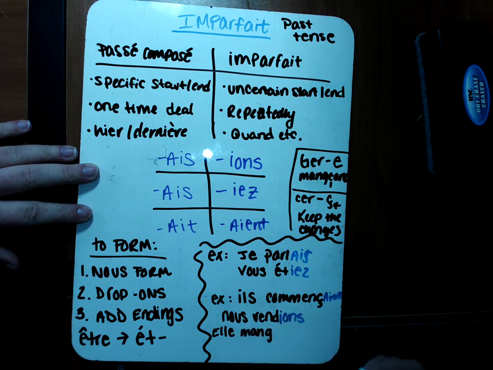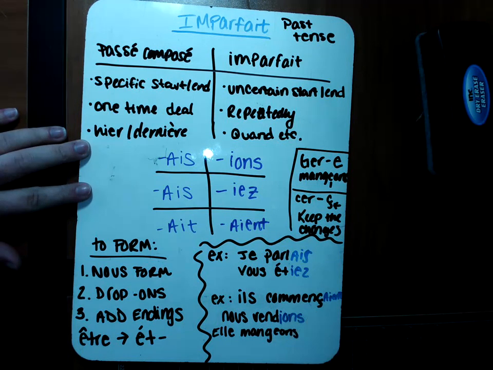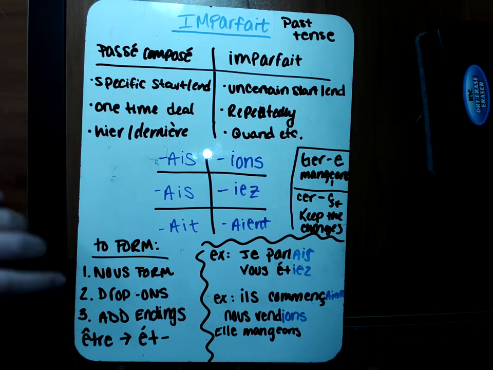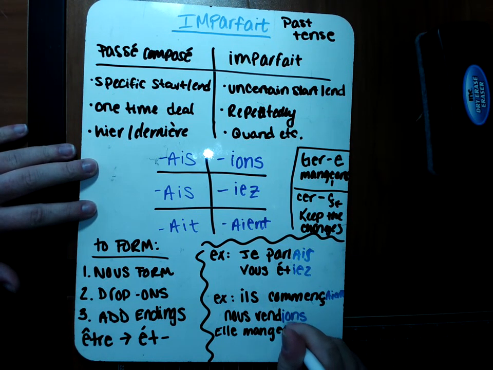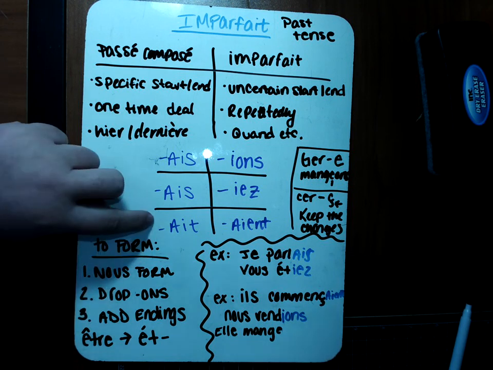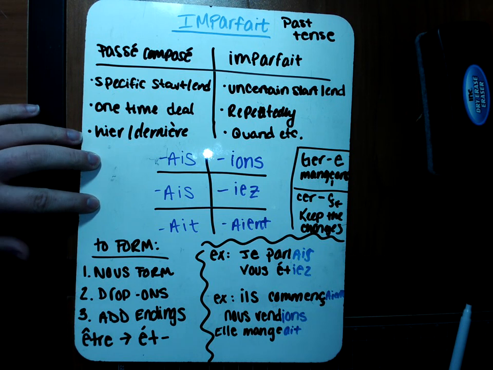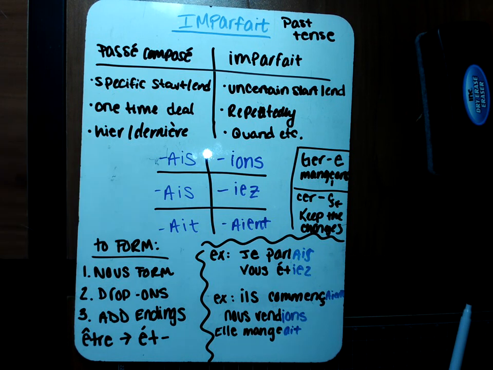But we need to put it in the nous form, so mangeons. Now I need to drop the ONS, but I'm going to keep the E. Then I need to add on my new endings for elle, which is AIT. So elle mangeait.